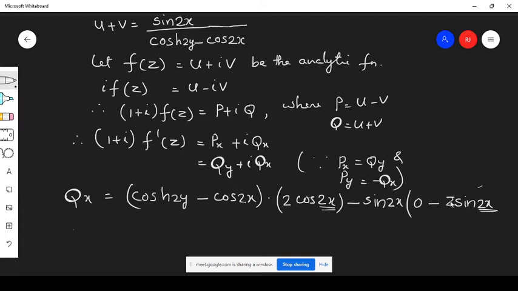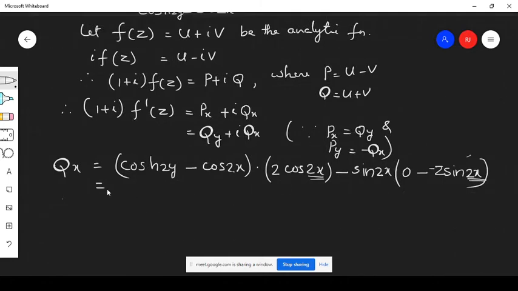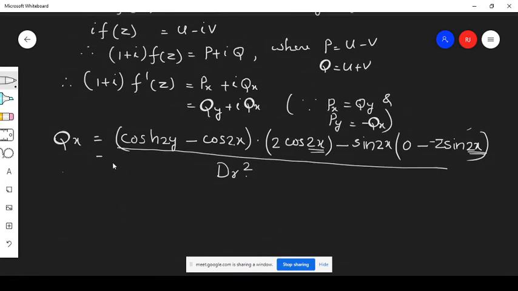Is the formula completed? No, because it is divided by denominator square. For time being I am writing it as denominator square, we will write it later. So now you got qx.